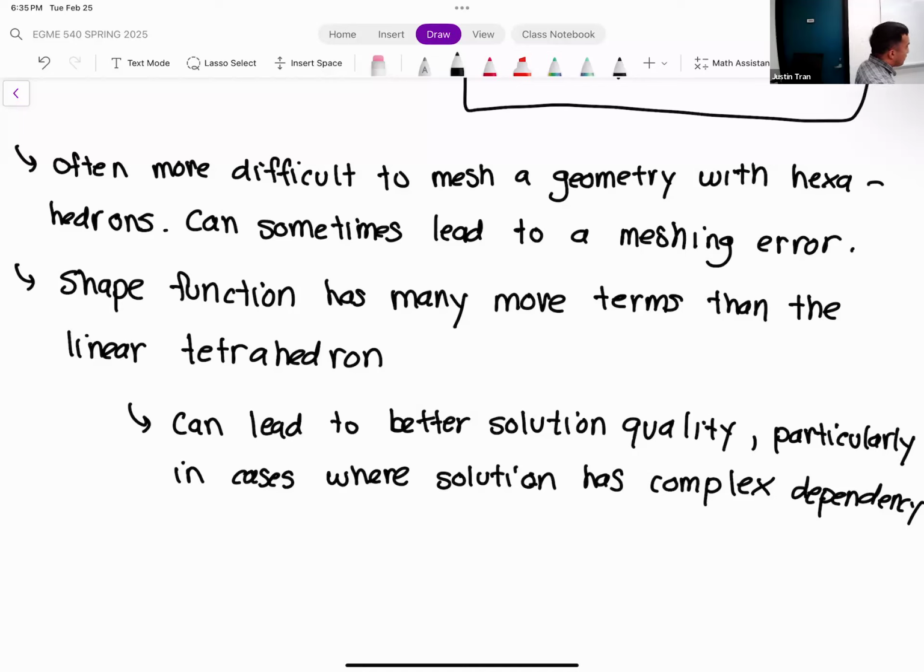And in particular, one big benefit that the linear hexahedron has is that when you take derivatives of the shape function, you don't necessarily get a constant term. So you still have some variable dependence on your derivatives because of the presence of those pseudo-linear terms.